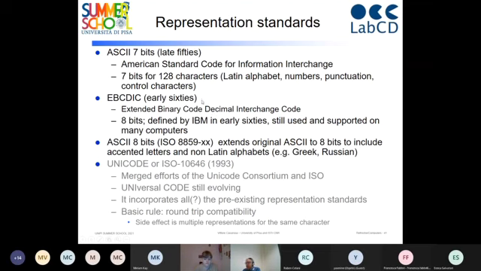Together with the 360 architecture, IBM came out with a new code called EBCDIC. IBM at the time was having between 80 and 90% of the world market, so somehow they considered they could do whatever they wanted. So they found their own coding for characters within the computer.